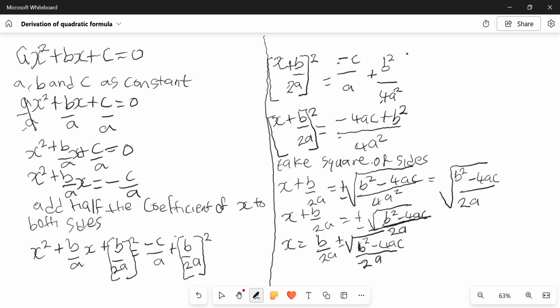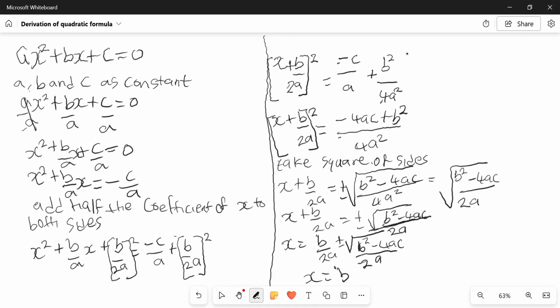So with this, you can see that we already have our formula. When we just put it together, you see that everything will come into play.